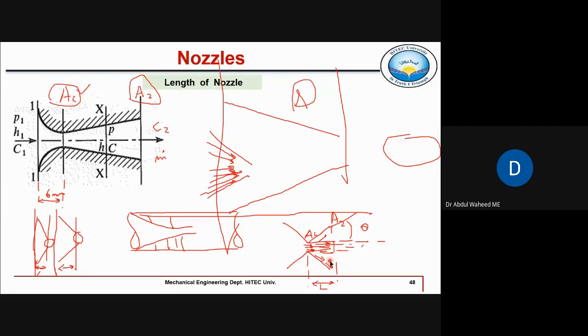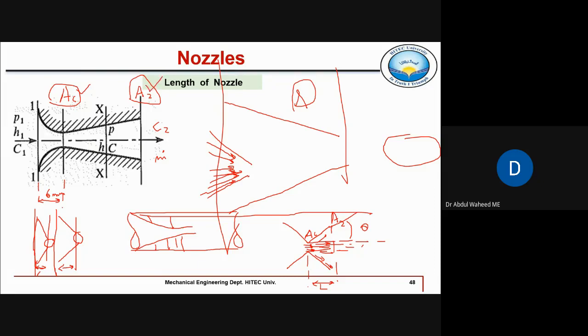Right? So that's why, to avoid this phenomenon, the divergent portion should be kept sufficiently long, right? So that this steam has enough time to occupy this whole space with smaller divergence angle. मैं इसको दोबारा से explain करता हूँ. Now you know A2.